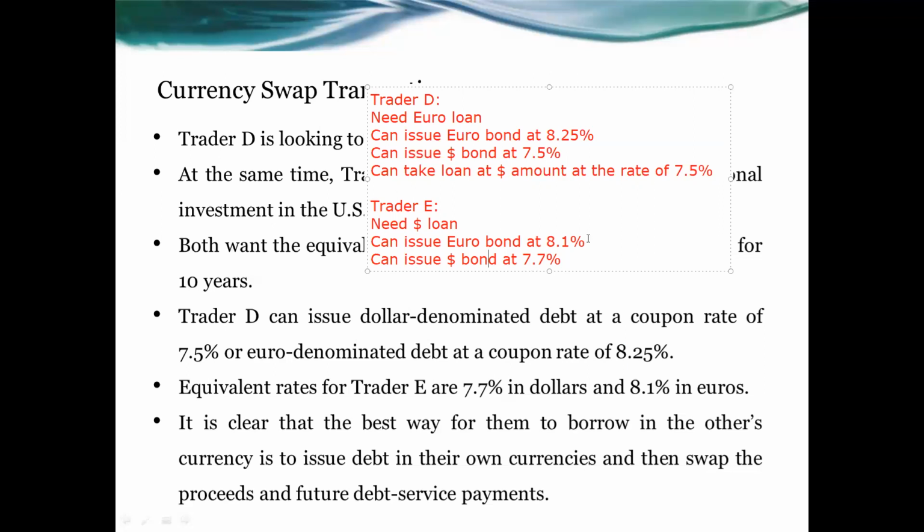Okay. Now, if trader D issues a euro bond, in order to cover his loan he has to pay a higher amount. I believe these rates are a little bit different. Let me check it again.